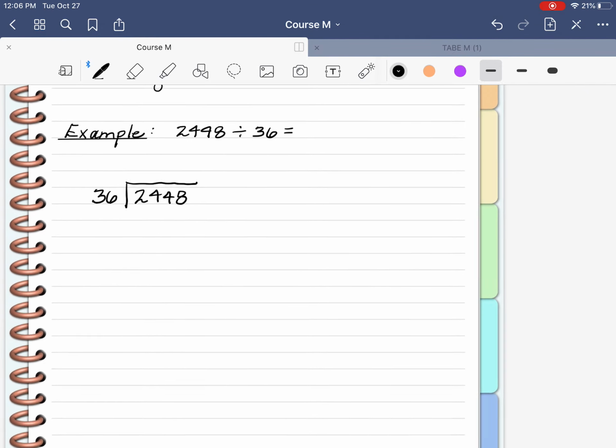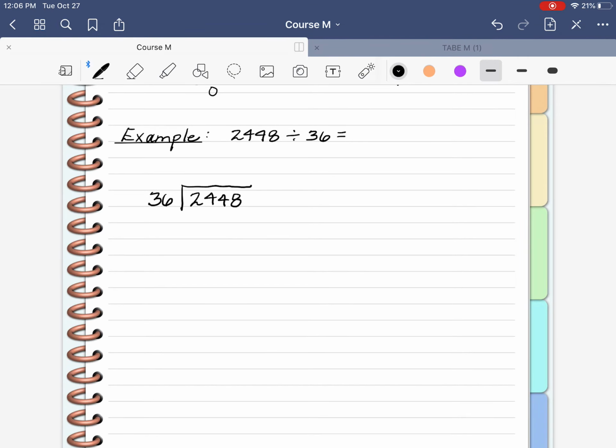So I'm going to start by listing the iterations or the multiples of 36. And I have done this beforehand to make sure I have them right. Hopefully you will have a calculator if you have to do this kind of problem.